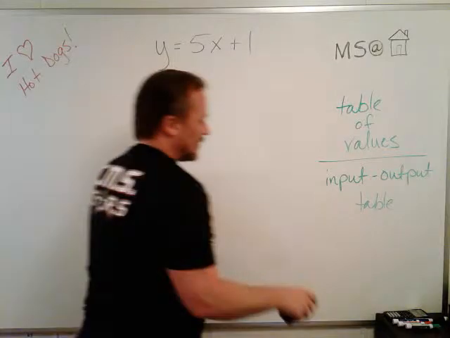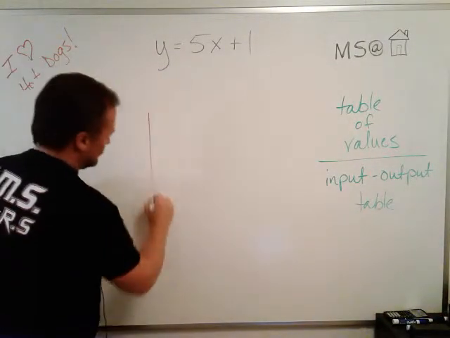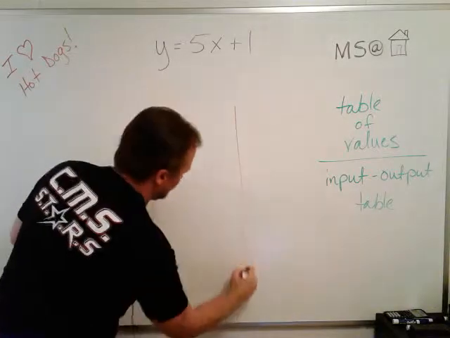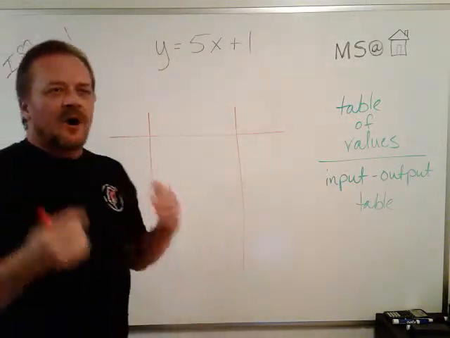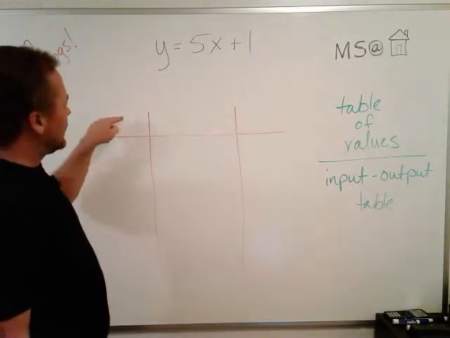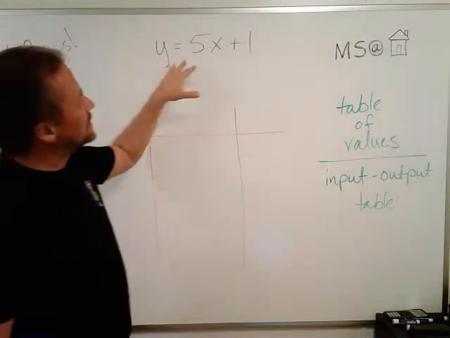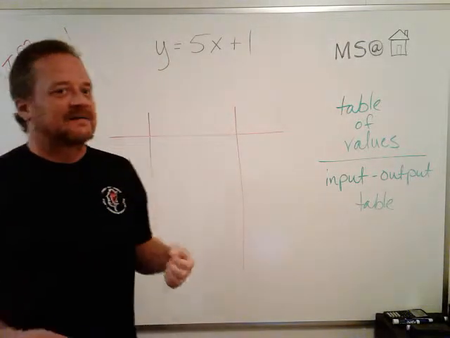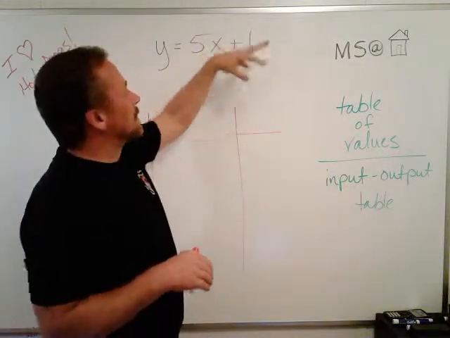So I'm gonna go ahead and make my double t-chart. Okay? And you're always gonna start with the independent variable, okay? Now remember, when you look at an equation like this, basically what it's saying is that the value of y depends on what happens over here.